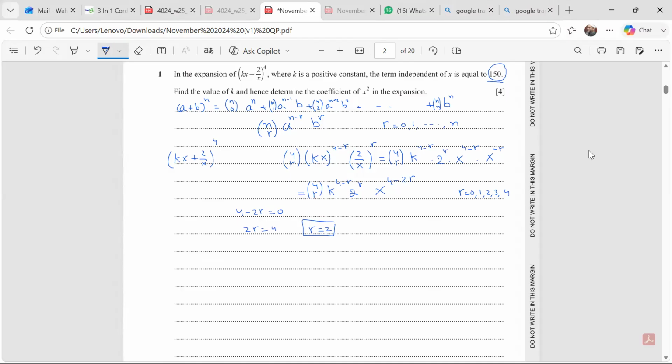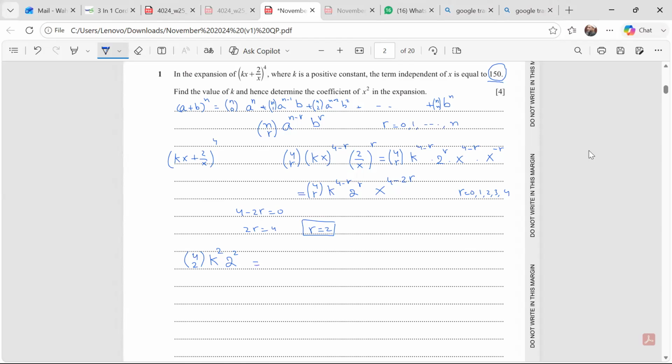When r is equal to 2, this term is going to be 4 combination 2, and k to the power 4 minus 2 is 2, and 2 to the power r is 2, and x to the power 4 minus 4 is 0, so x^0. This is our term which is independent of x.